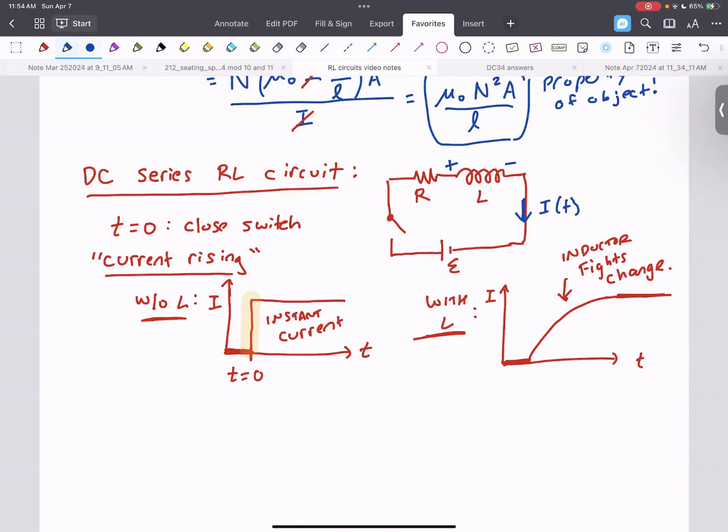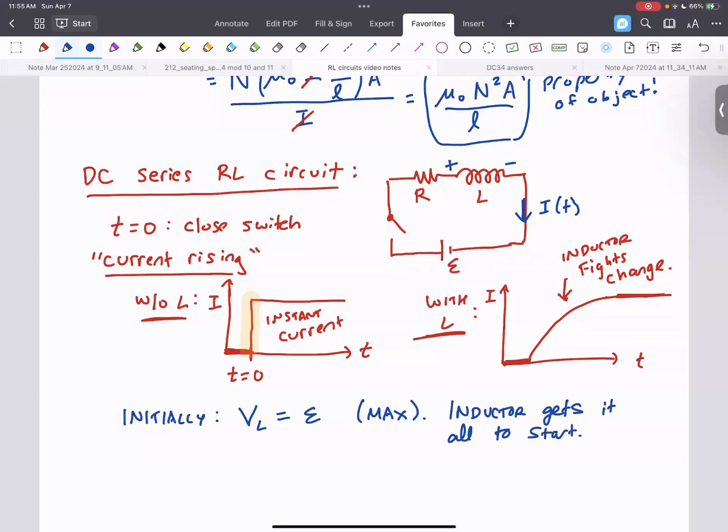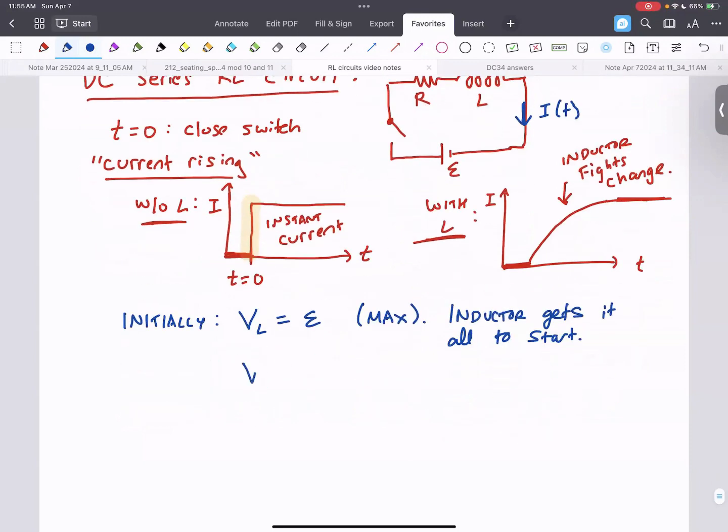So initially, a key point here is that initially the voltage across the inductor is equal to E, which is the maximum value. So the inductor wins to start, basically. So the inductor gets it all to start. And the voltage across the resistor, because the inductor took it all, is going to be 0 because there's no current flow, right?